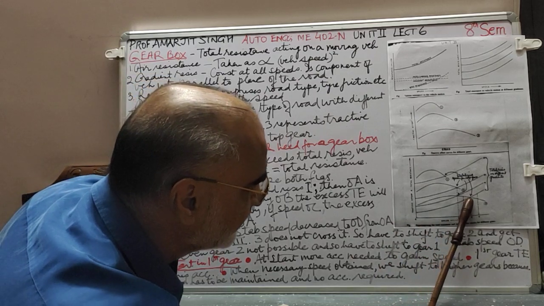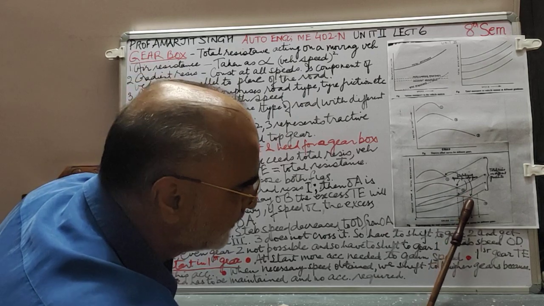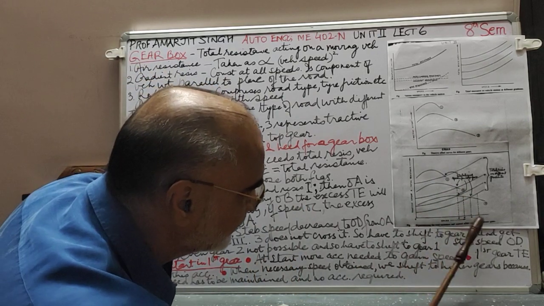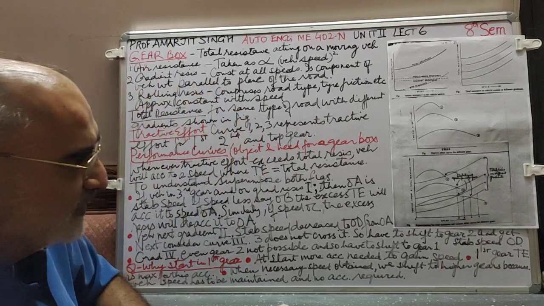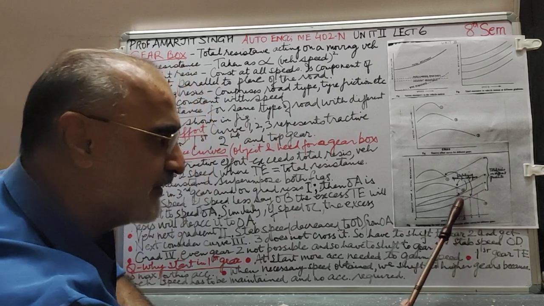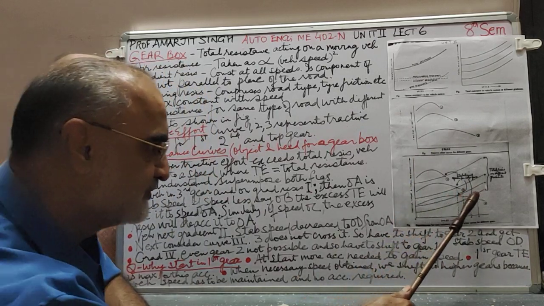It will accelerate it because this part is extra from here to here. Similarly, if speed OC, here resistance is more, tractive effort less, so it will decelerate the vehicle, slow it down and take it back to here.